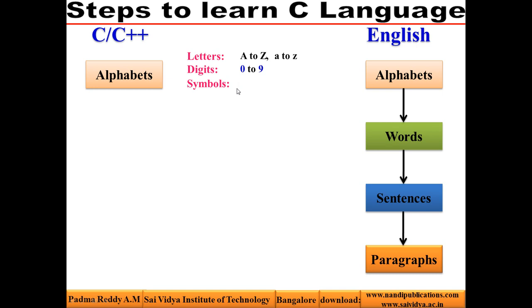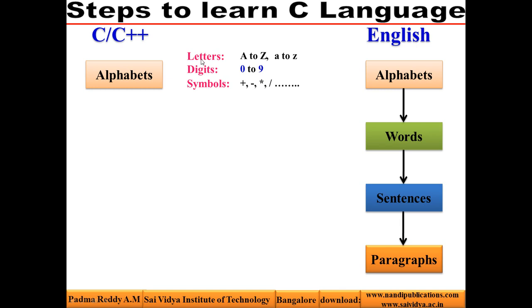The various symbols such as plus, minus, star, slash, etc. and so many other symbols are also there. Later we see what are the various other symbols that are available in C language. Thus, in C language, the alphabets are classified into letters, digits and symbols.